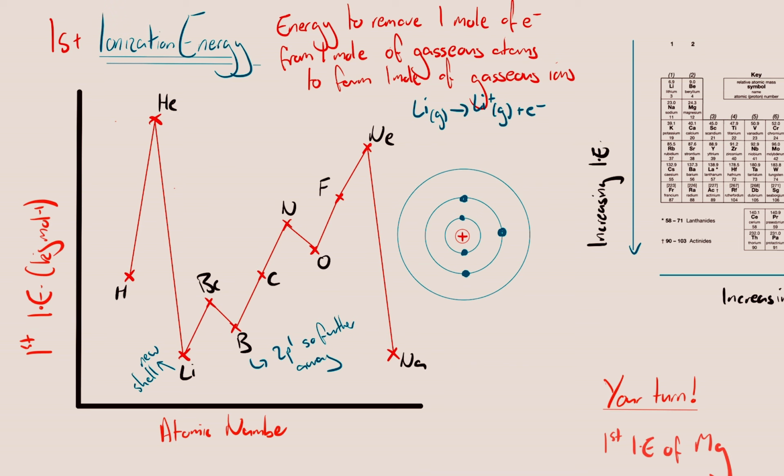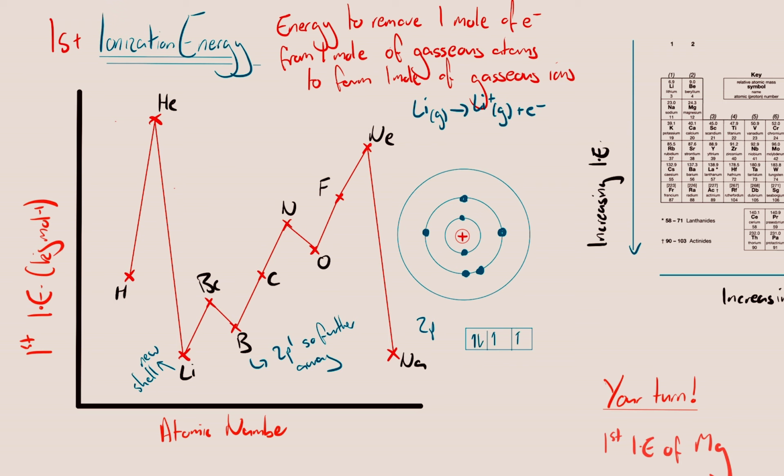Now as we carry on, we go to carbon. Again, what we expect. We go to nitrogen. And now we have another dip with oxygen. And here, it's best for us to draw these electrons in boxes. So if we look at our 2p orbital here, we have this going on.